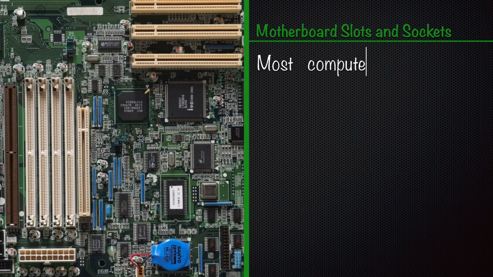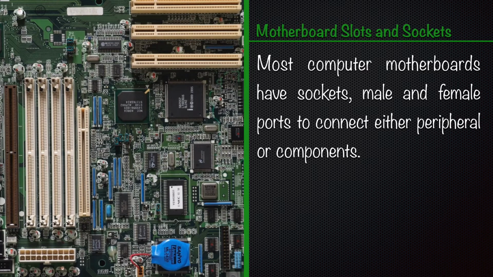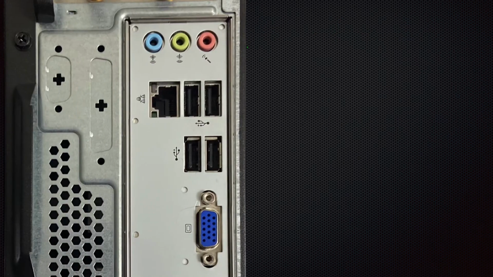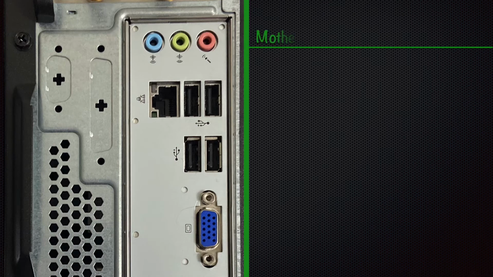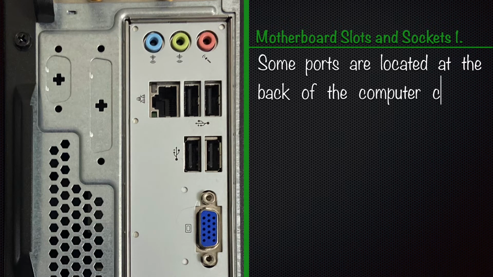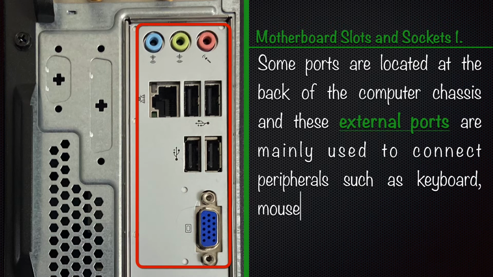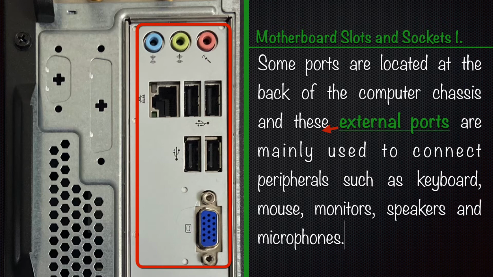Most computer motherboards have sockets, male and female ports to connect either peripherals or components. Some ports are located at the back of the computer chassis, and these external ports are mainly used to connect peripherals such as keyboard, mouse, monitors, speakers, and microphones.